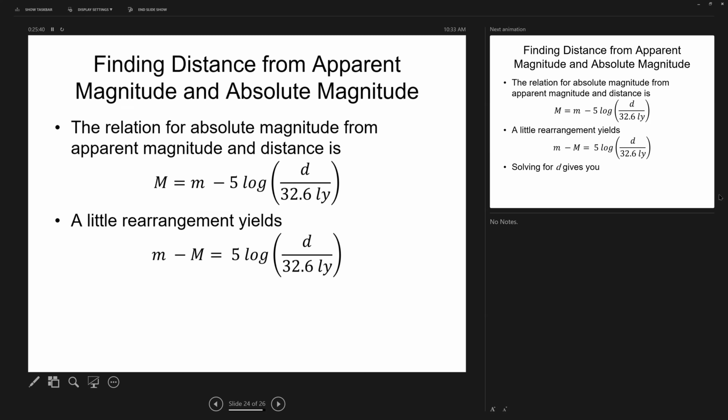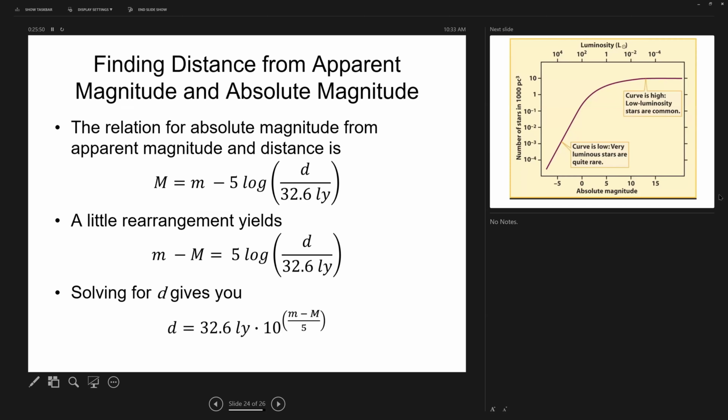If you've had the quarter of pre-calculus where you play around with logarithmic equations, you'll know how to solve this thing. And you can solve for the distance, which will equal 32.6 light years times 10 raised to the little m minus capital M over 5 power. You could also have 10.0 parsecs there in front instead of 32.6 light years.